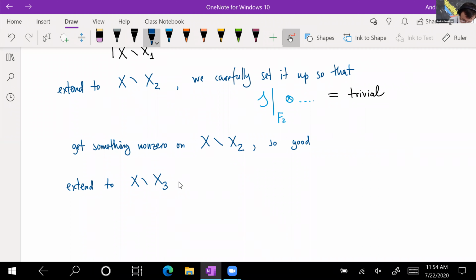So we need to prove that this bundle, S restricted to F2, tensor whatever, is not trivial in general. Not trivial generically.